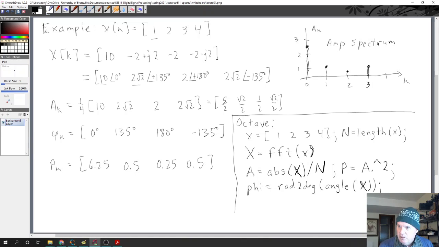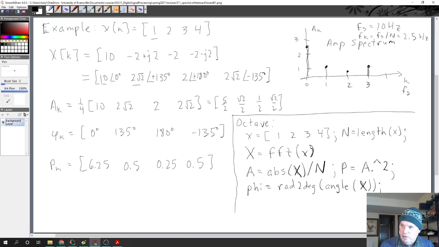Now up here on this plot, if I wanted to do this versus frequency, let's say the sampling frequency here is 10 hertz. I think that's what I've used in the past with this example. So the bin separation, f of k, would be f of s over n, which is 4, or 2.5 hertz here.